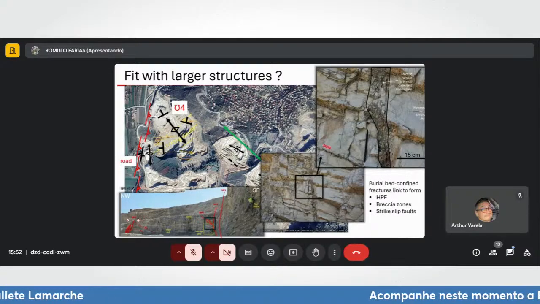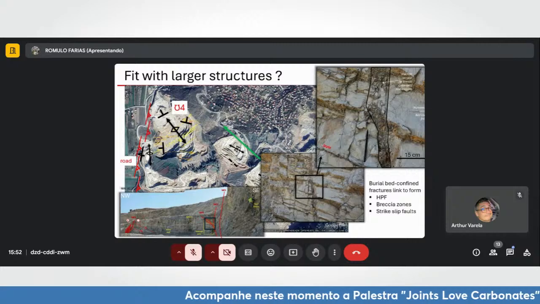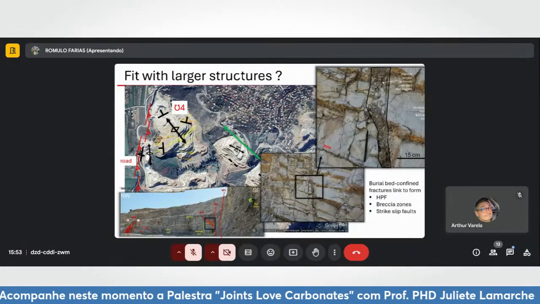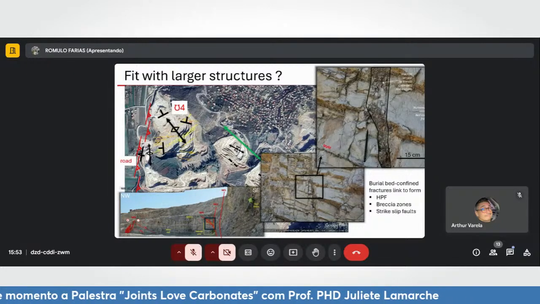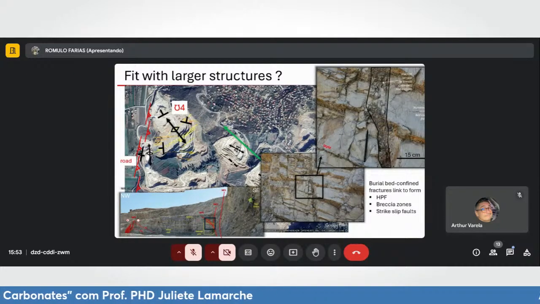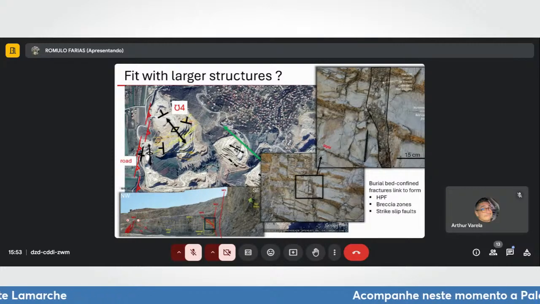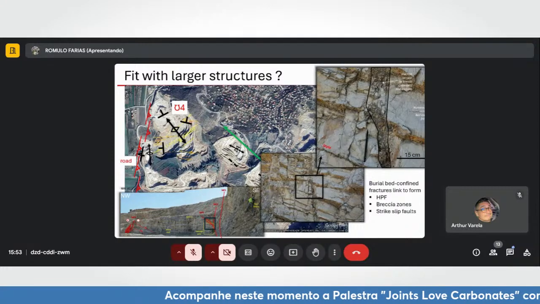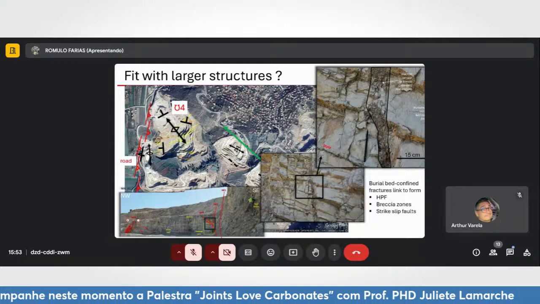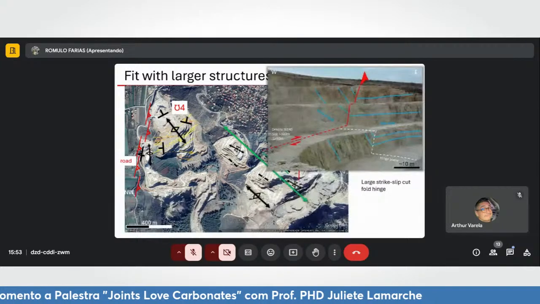What I saw also is that the bed-confined fractures, which you see here, close to the main strike-slip fault, link together and form highly persistent areas of damage zone, kind of small damage zone. So the early fractures will become highly permeable and highly porous zones after the folding.